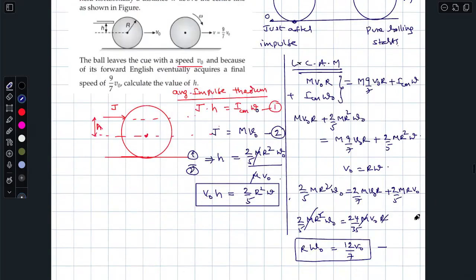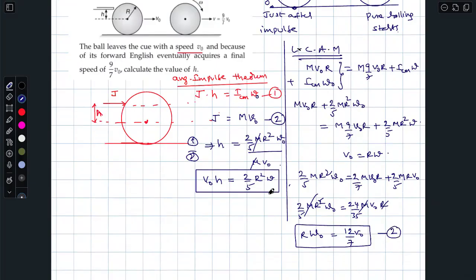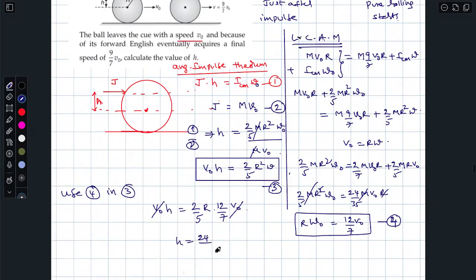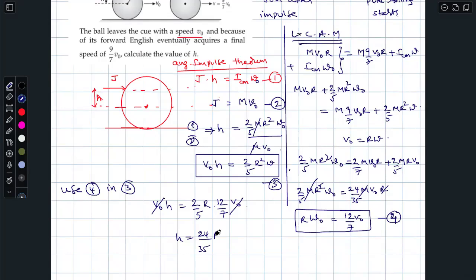Let this be equation 2. Already done, equation 4. Equation 3. Any doubts? Now use equation 4 and equation 3. v naught H is 2 by 5 R times R omega naught, 12 by 7 v naught. Cancel. H is 24 by 35 R. Please confirm whether you have any doubts in this.